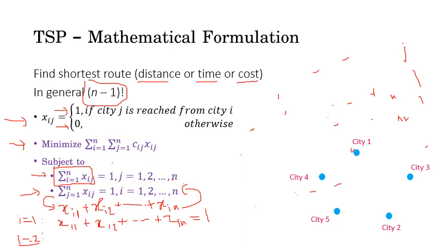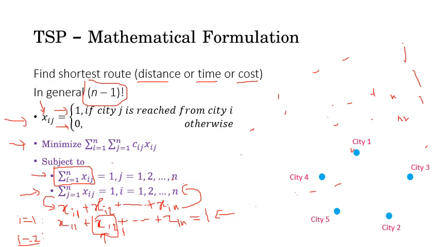So let's consider this equation, and in this equation again x12 is 1 because we want the summation of all the terms on the left hand side to be 1, which means only one of the terms can be 1. Every other term should be 0 because we already defined xij as a binary variable. That means the value of x must be 1 or 0. So if x12 is 1, every other x in this equation must be 0.